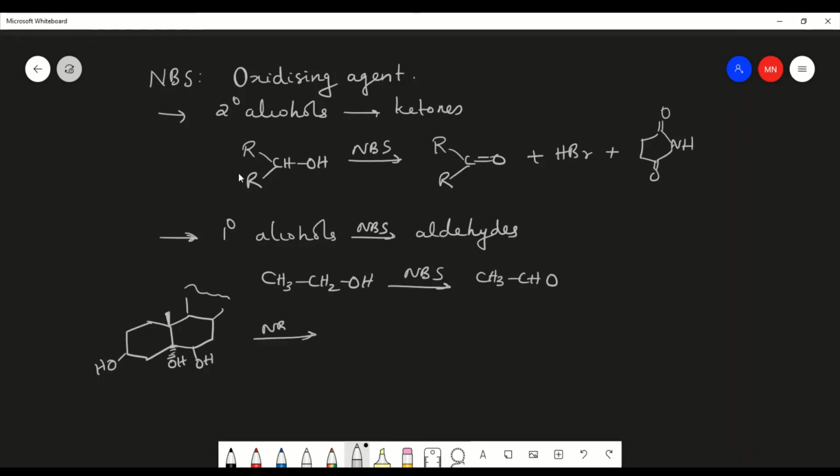Now if you are performing NBS oxidation, this NBS will be selective to this secondary alcohol, not to this one and not to this tertiary alcohol. So the product that you will be getting is, the remaining things will be as such, and here you will be getting a keto group, here the OH group, here a methyl group, this is another ring, and here OH.